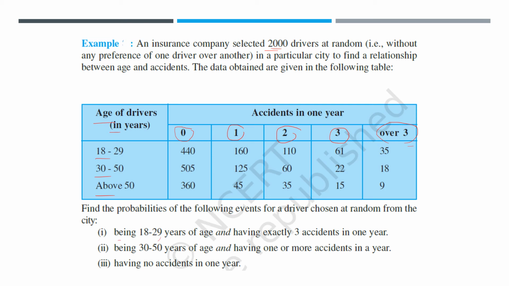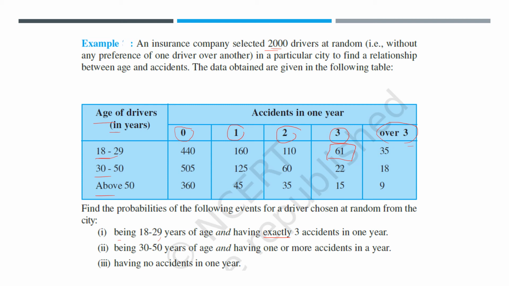The driver being 18 to 29 years of age and having exactly 3 accidents in 1 year. So 18 to 29 of age and exactly 3 accidents. That is this particular number here. Okay, so we understood.